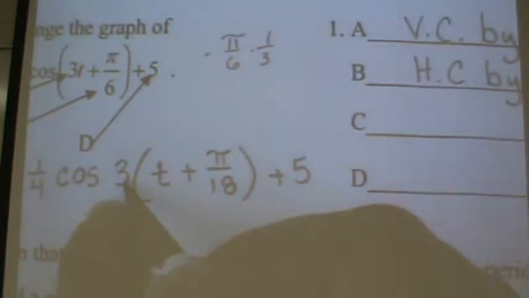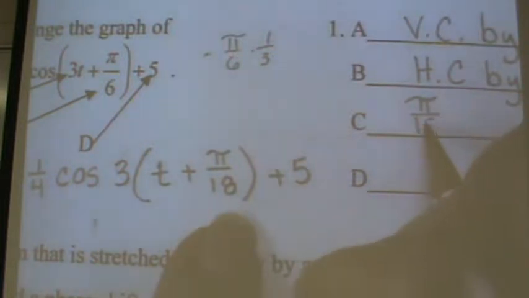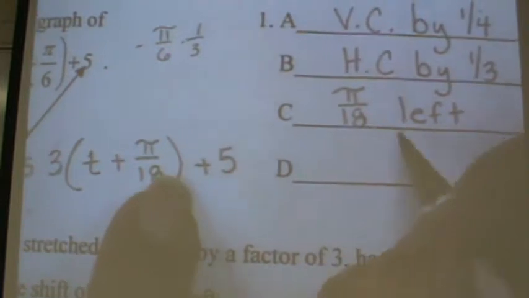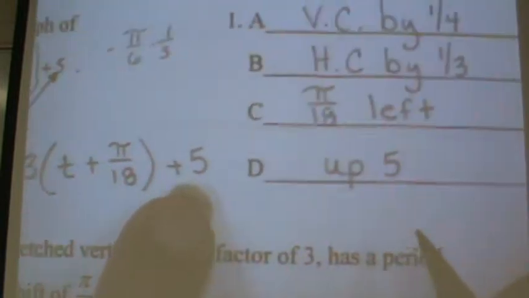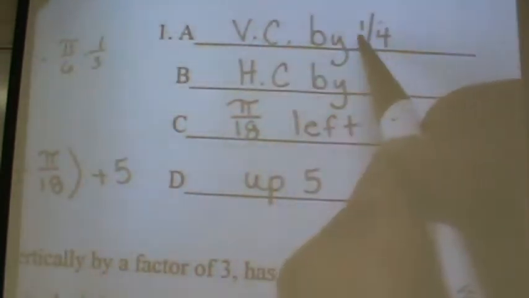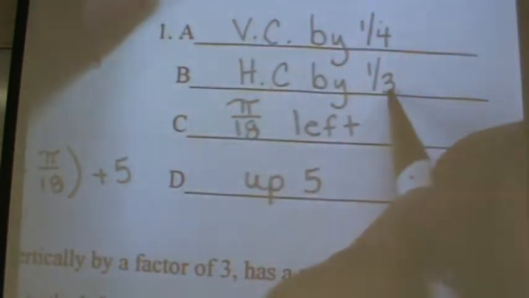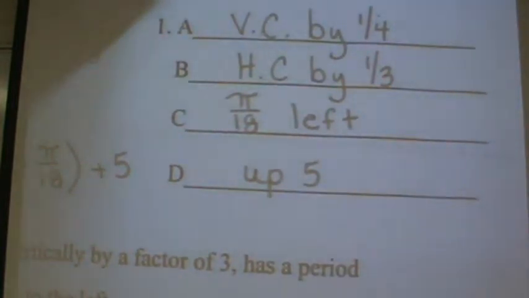Flip that, 1/3. This is going to be pi over 18 units to the left. It's the opposite, and then up 5. I gave 2 points, one for vertical compression by 1/4, one for that, one for that, one for that, one for that, one for that, one for that. So 8 points for that one.